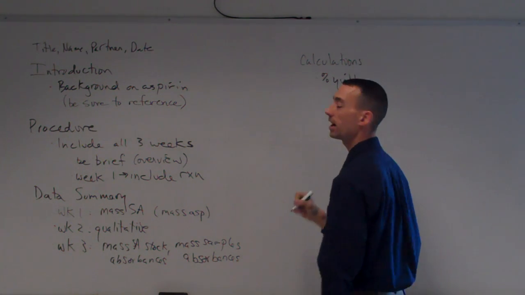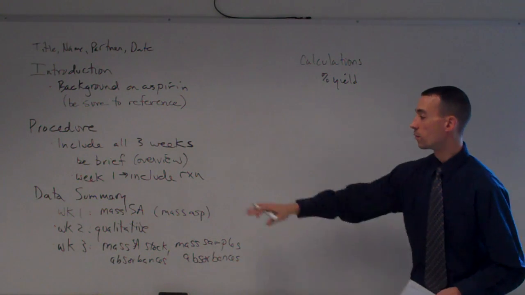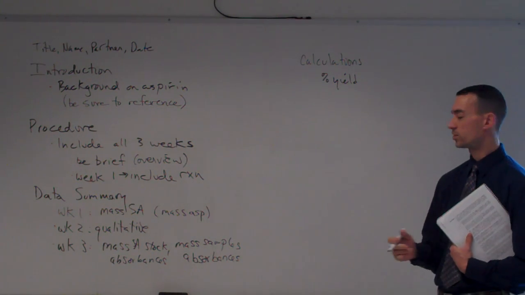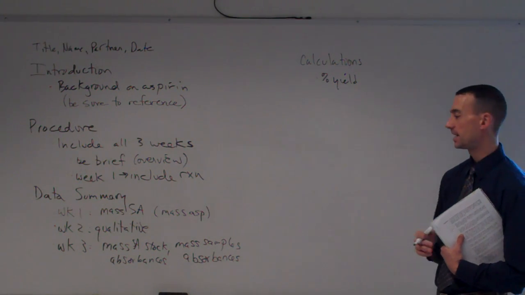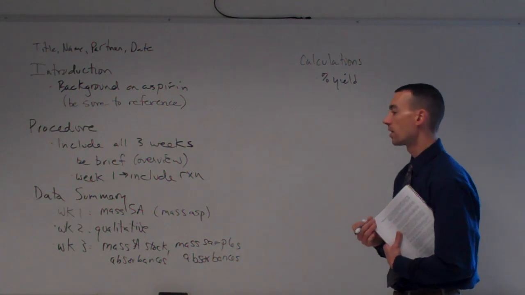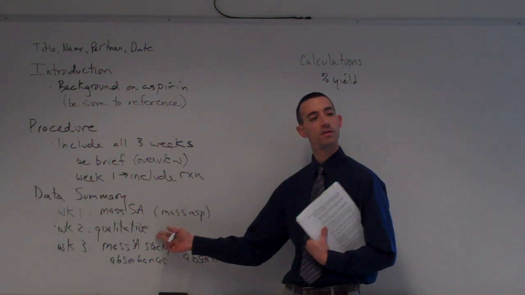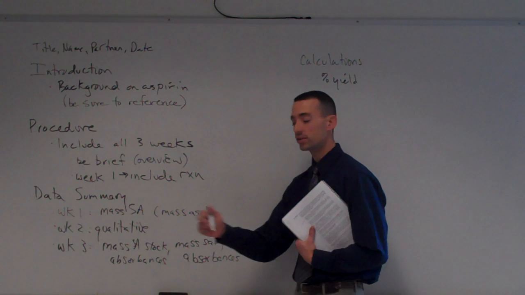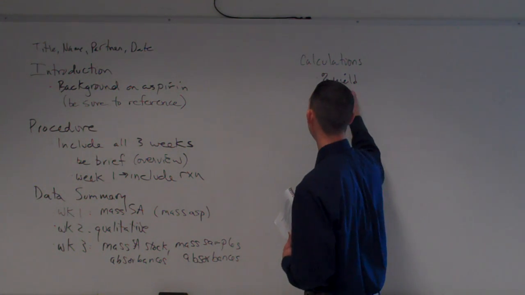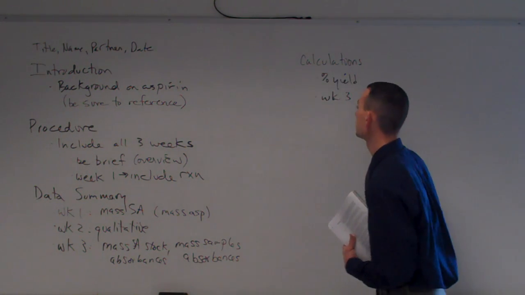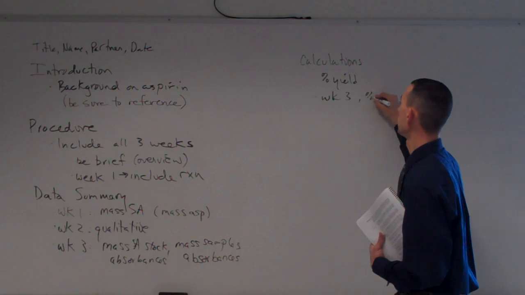Percent yield would be a calculation that you'd want to show from week 1, spanning into week 2 when you collected the mass of your aspirin. There are no calculations that were done in week 2, the qualitative tests, and then the week 3 calculations that we just talked about.